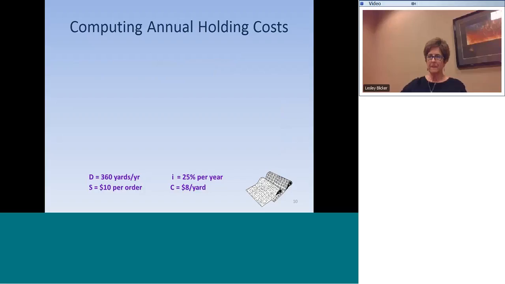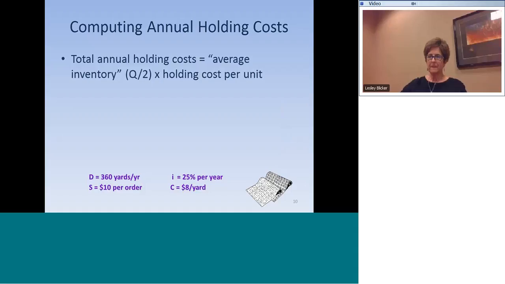Okay, so let's see what happens when we want to compute the annual total holding costs with our example numbers. Remember, the formula for holding costs is average inventory, or Q divided by 2, multiplied by the unit holding cost, which is interest times unit cost.